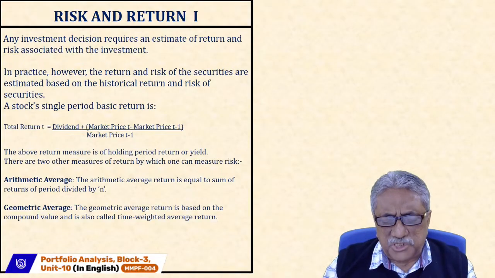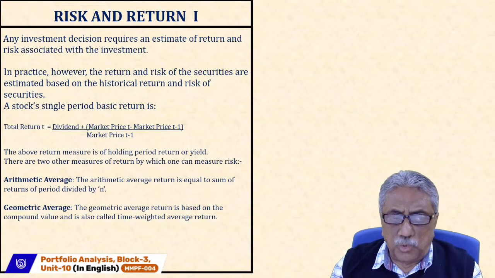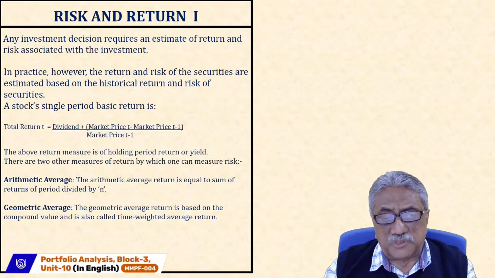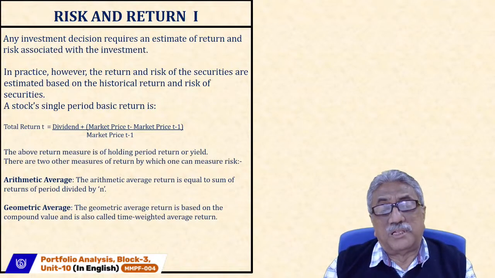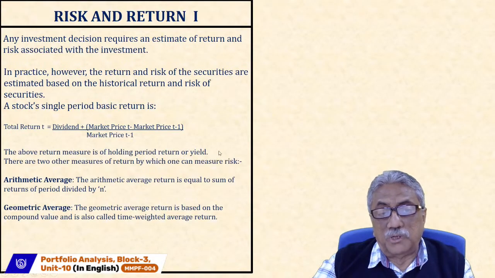So in your study material, you will find the arithmetic average and geometric average. Generally, geometric average will give you a lower figure depending on the situation, and arithmetic average will give something different. But the general public will go by the simple holding period return, or yield, which is very common and easy to find out from websites and different publications.